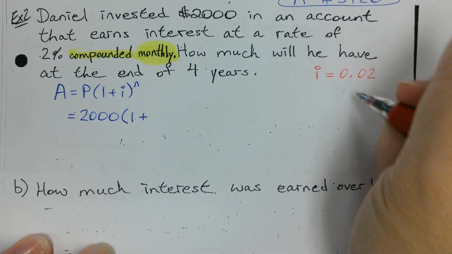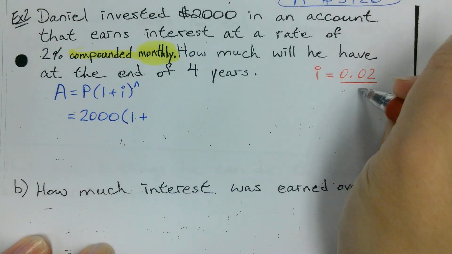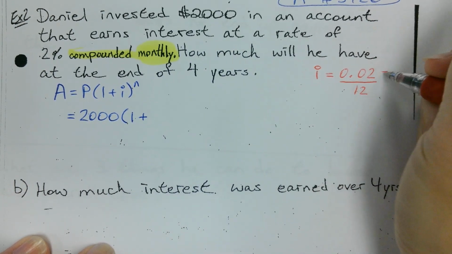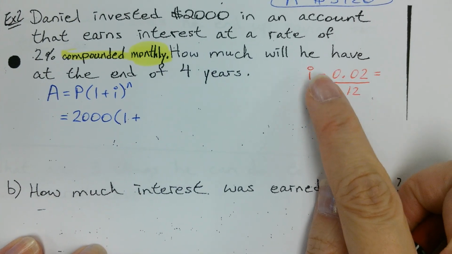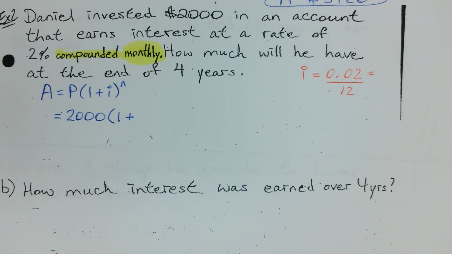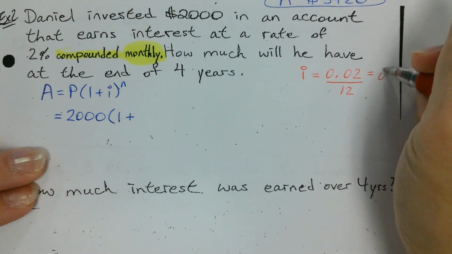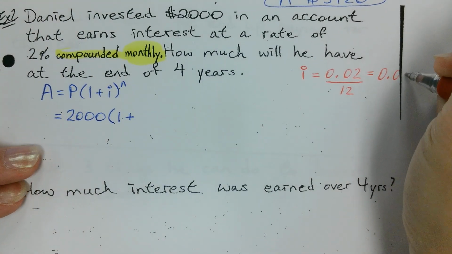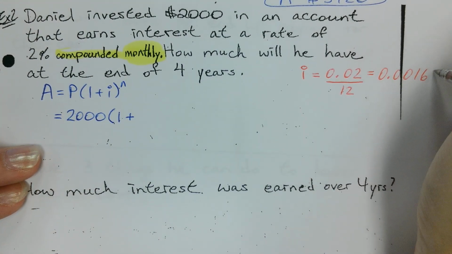Yep, divided by 12. That's it. So every time you do compound interest for the i, you have to divide it by the term. So 0.02 divided by 12. Yep, you're going to get a really ugly number, but that's okay.